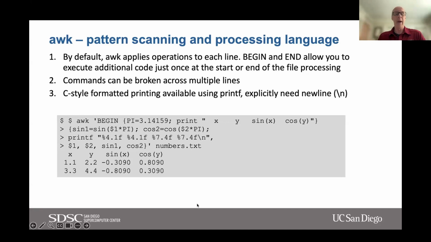In this example, and we're getting a little short on time, so I won't go through the whole thing, we start off with awk, and then in our action, BEGIN, and then in curly braces, we define pi, and we print out a header: x, y, sine x, cosine y. Then we do some math operations. We print out the results using C-style formatting.